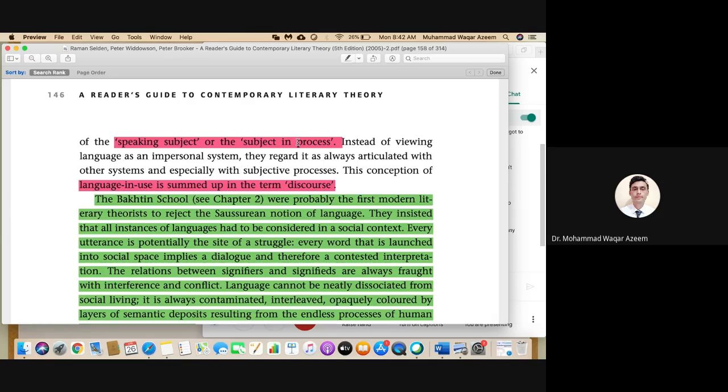So the subject is also speaking, and what the subject is saying, the subject is saying what other systems put together ask him to say or dictate him to say, right? So the subject is in control of not just this system of language, but other systems as well. Now, this conception is summed up by the term discourse, right?